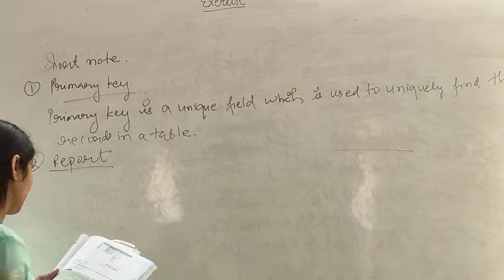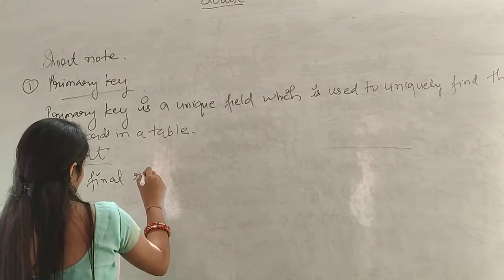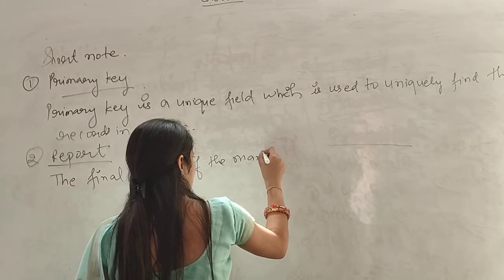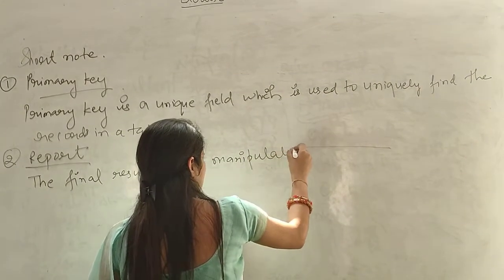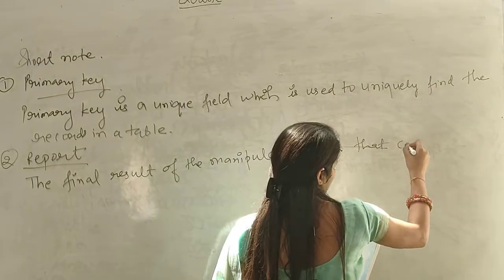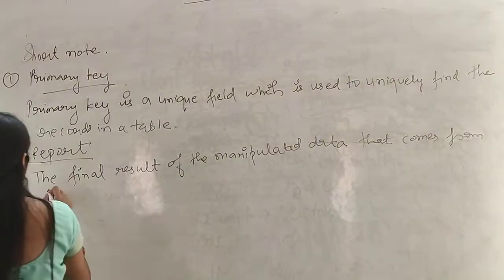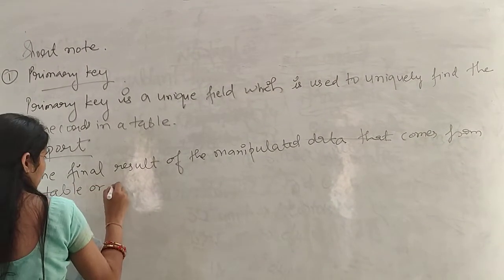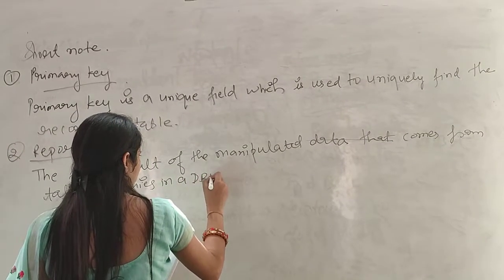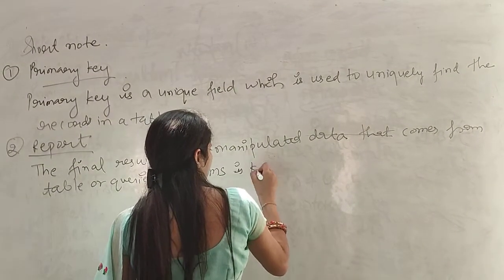Second one is report. Its answer will be: the final result of the manipulated data that comes from tables or queries in our DBMS, means database management system, is known as report.